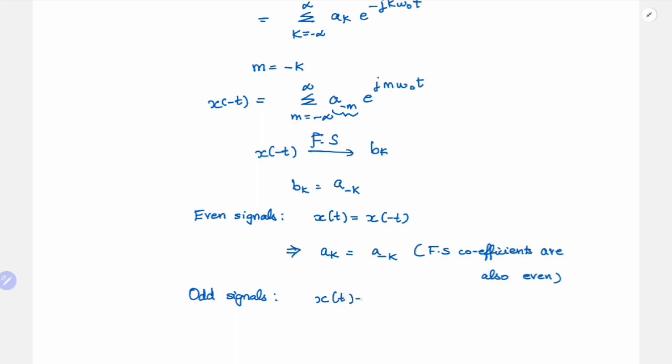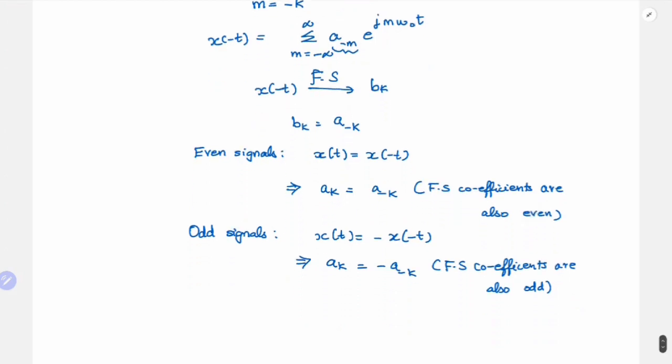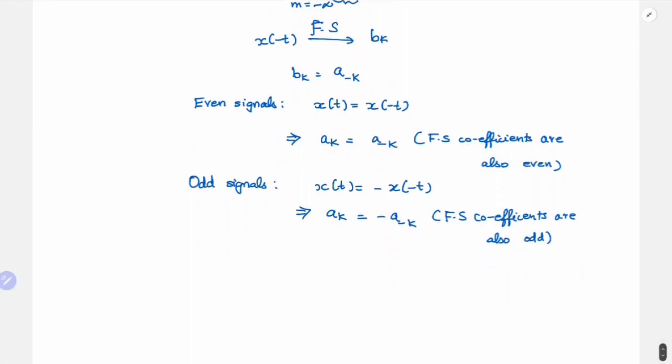There we have x of t equal to minus x of minus t, so ak is equal to minus a minus k. So the Fourier series coefficients are also odd. This can be a quick way to check our answers in some cases when we know that the given signal is odd or even. When we arrive at the final answer for ak, we can substitute k equal to minus k and see if these match.